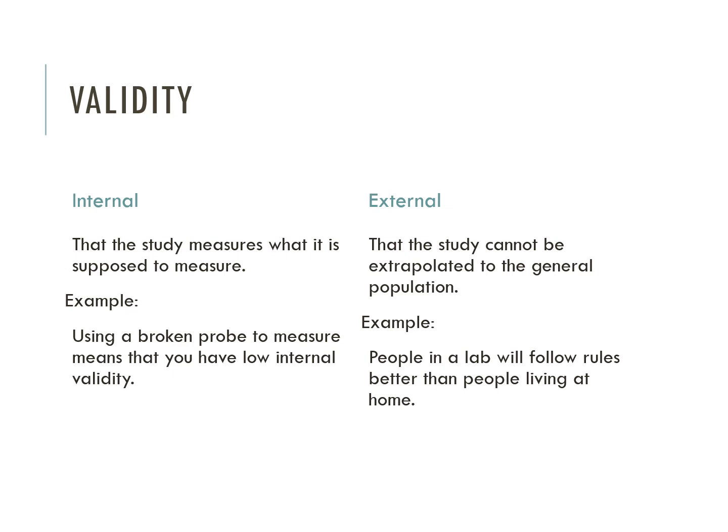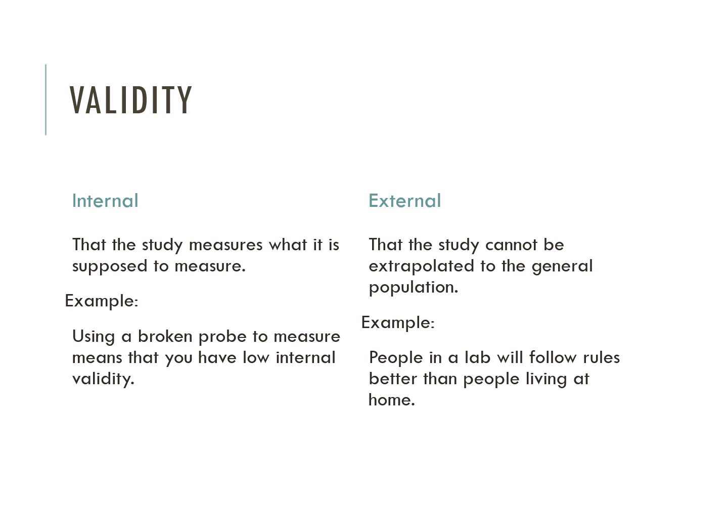So if you were doing probing depths and you were using a broken probe or a bent probe, you're going to have very low internal validity. You're measuring and you might be close, but you're not doing a good job at measuring what you're supposed to be measuring, and you're not going to get very good results, right? That's going to be low internal validity.